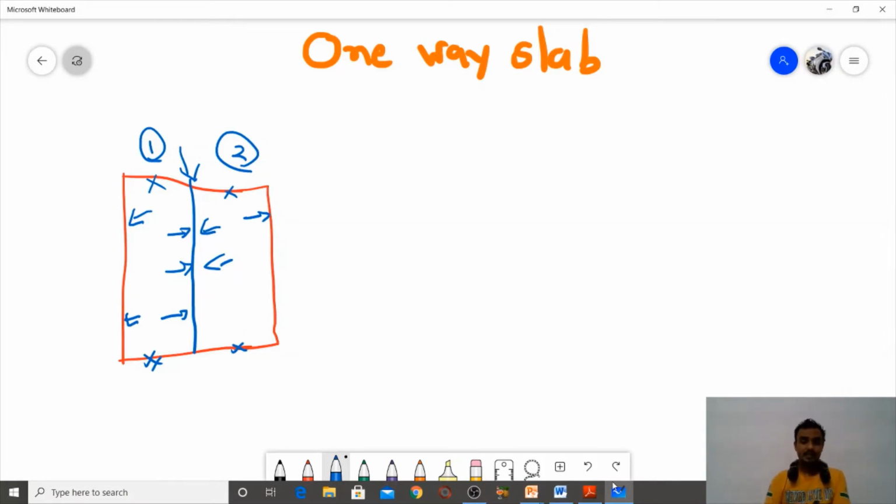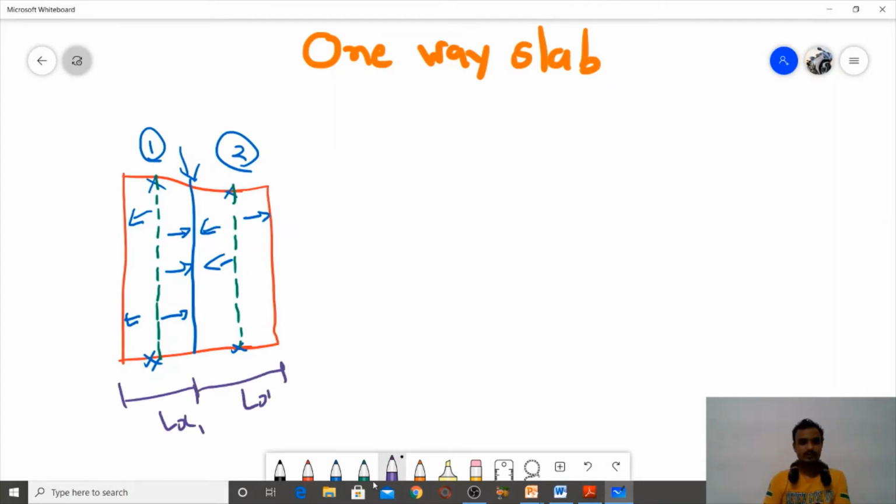So how do we calculate this? Look here. I am going to divide the slab into two parts. First is Lx1, second is Lx2. Lx1 and Lx2 are the short spans of the slab.